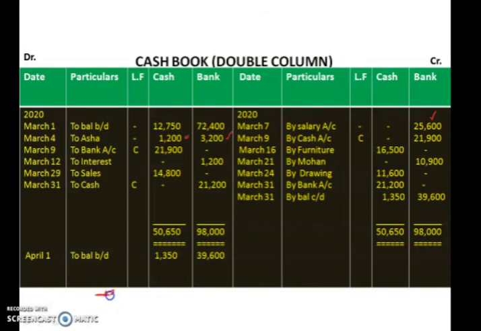So the journal entry was bank account is debited to cash account. Okay, so here you can see bank is debited. So the debit side of this is also bank.